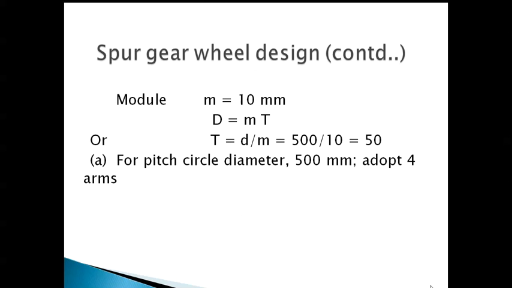In between 500 to 1500 it will be 6. 1500 to 2000 the number of arms will be 8, and above 2000 PCD the number of arms will be 10. So here already the PCD is given as 500 mm, so we can adopt 4 arms.